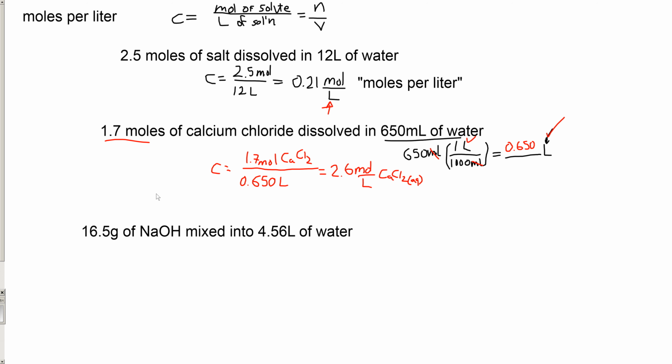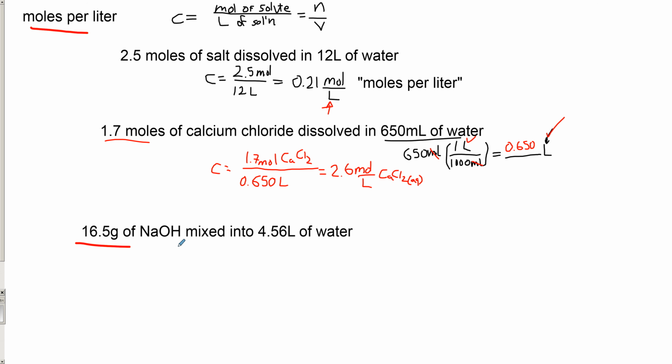So we have to turn our grams value into a moles value because we're not looking for grams per liter right now, we're looking for moles per liter. So I need to turn grams into moles. So that's the first thing I'm going to do.